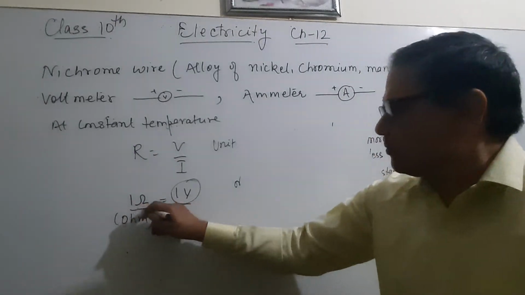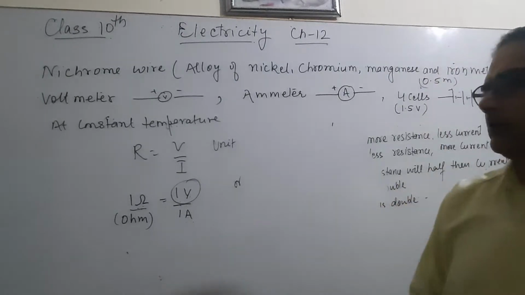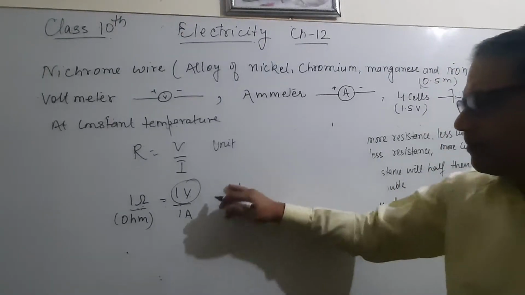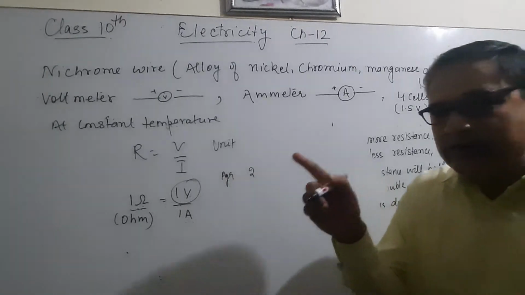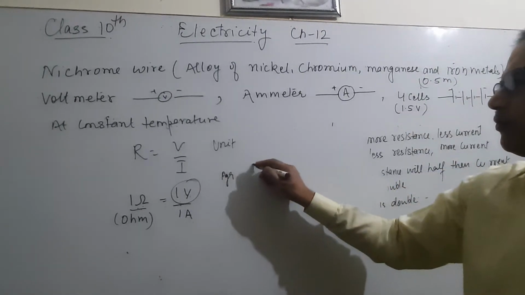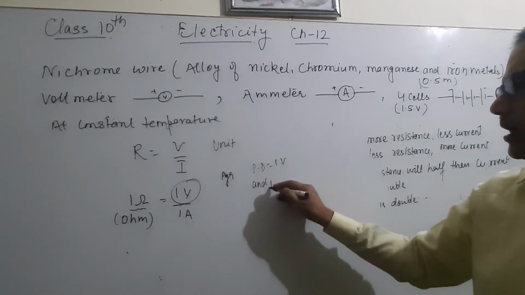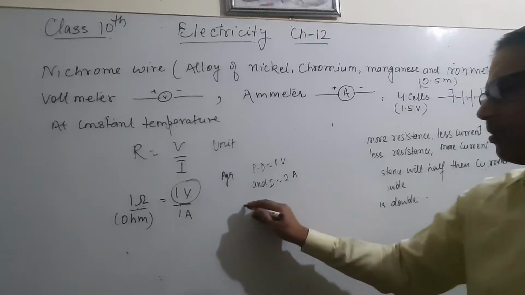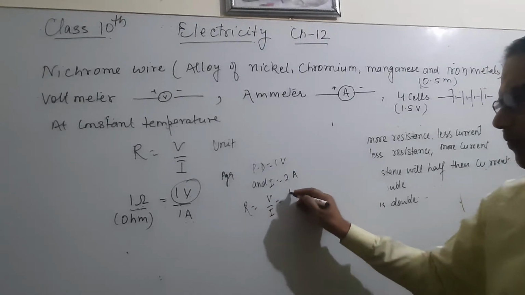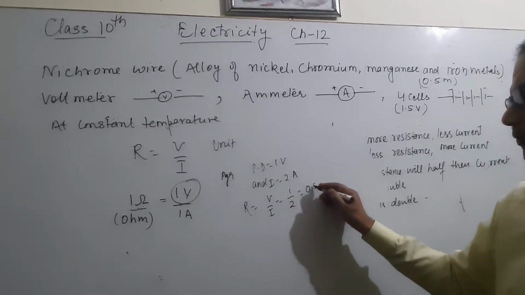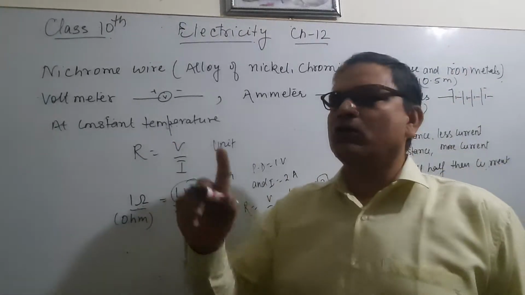And this 1 ohm is equal to 1 V upon 1 A. For example, if in a given circuit the potential difference is 1 volt and the current is 2 ampere, then resistance is V upon I, 1 upon 2, which is equal to 0.5 ohm. This is the symbol of ohm, known as omega.